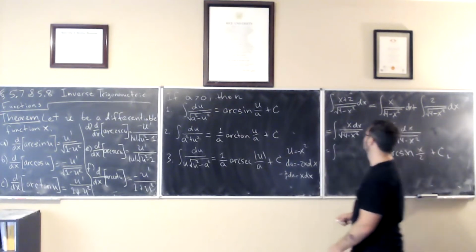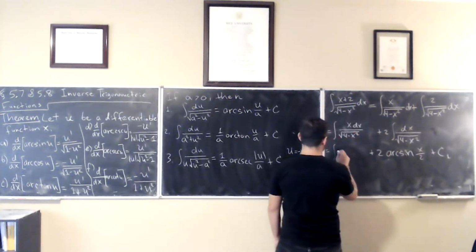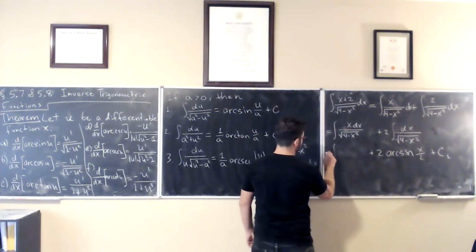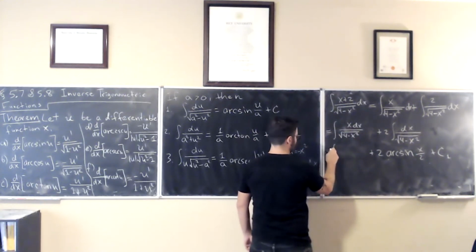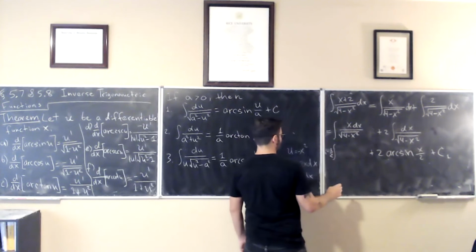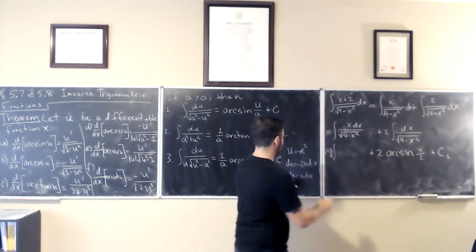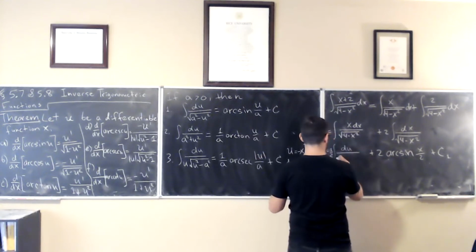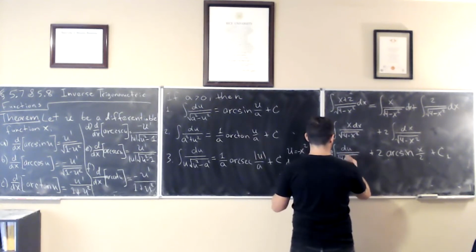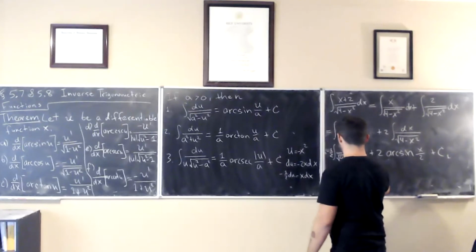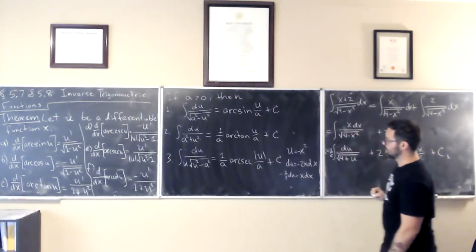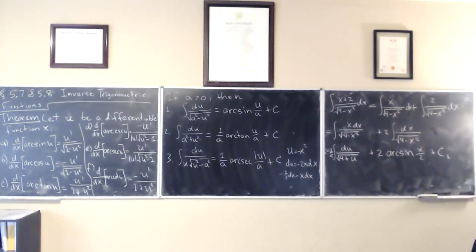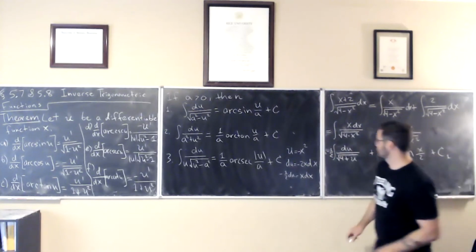So I take out that negative 1/2, and x dx is du all over root 4 plus u.